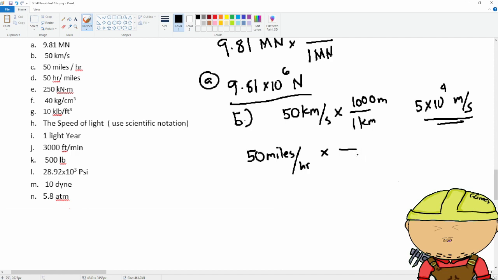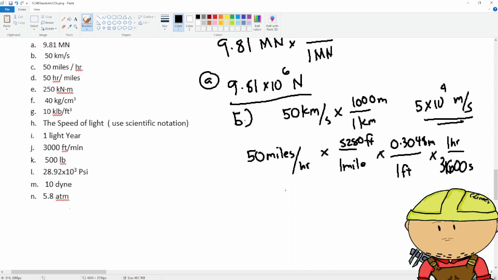I'm going to convert the hour. Okay, so 1 mile is 5,280 feet. Then 1 foot is 0.3048 meter. Then 1 hour at the top, 3,600 seconds.